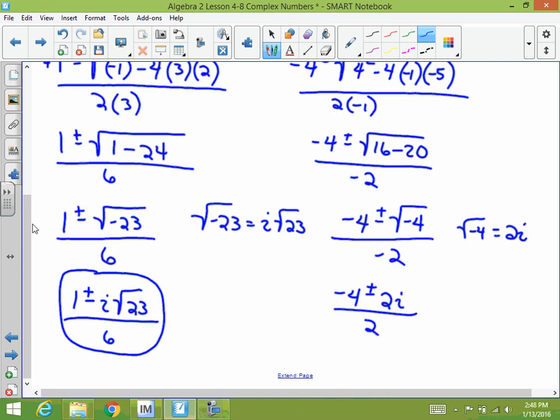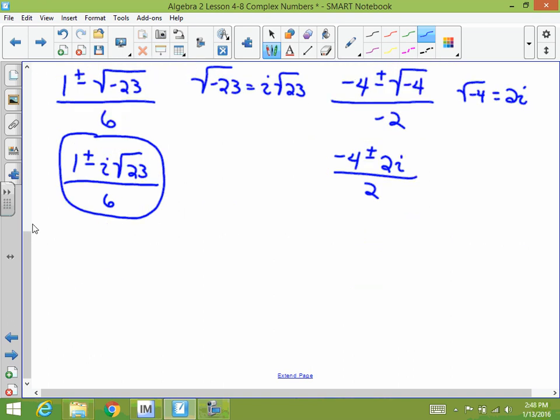Now this can simplify, because if we separated it, you'd have -4 over 2 plus or minus 2i over 2, which when you simplify becomes -2 plus or minus i. And yes, you have to simplify it all the way down to its simplest form, which is the last thing that I wrote.